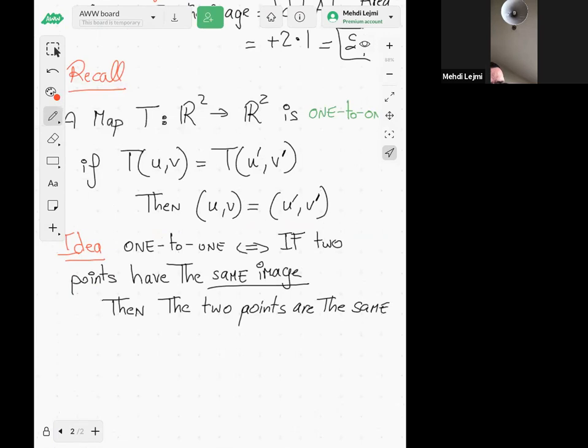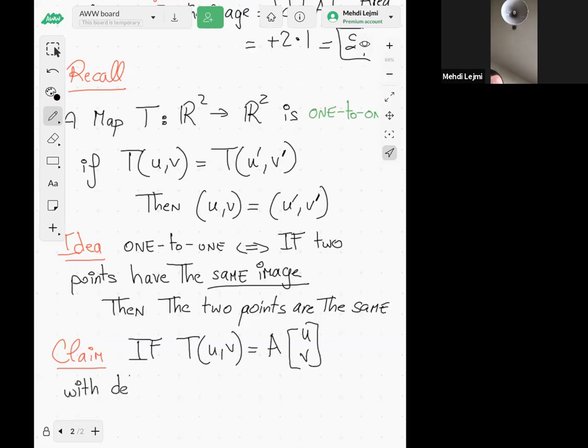So we claim that if T of (u, v) is equal to the matrix A times (u, v), so T is a linear transformation with determinant of A non-zero, then T is one-to-one. Having a non-zero determinant means that you have a one-to-one map.